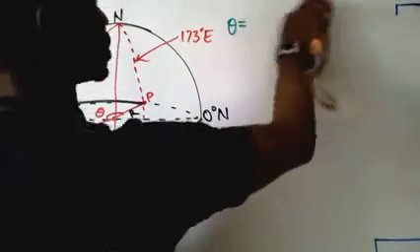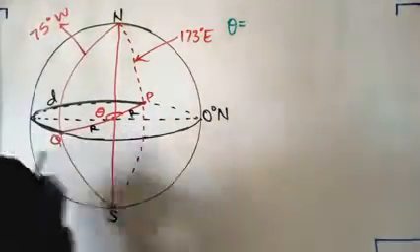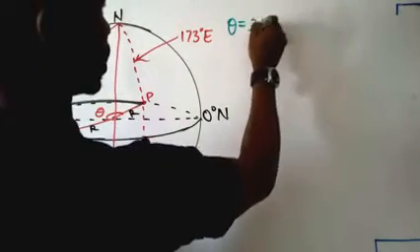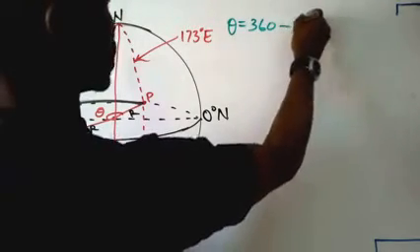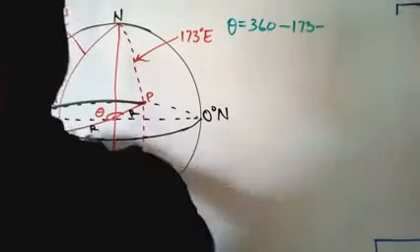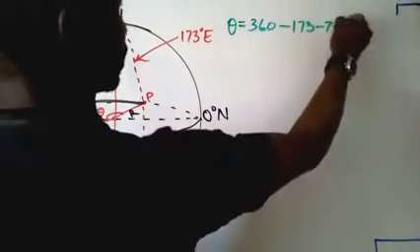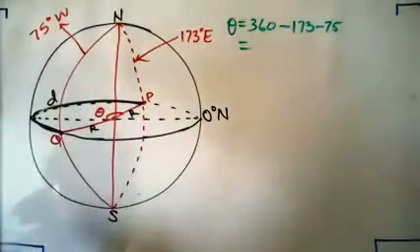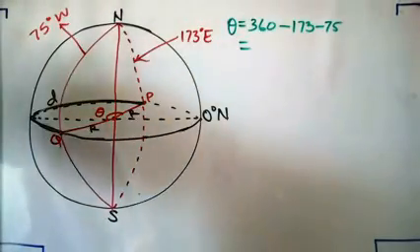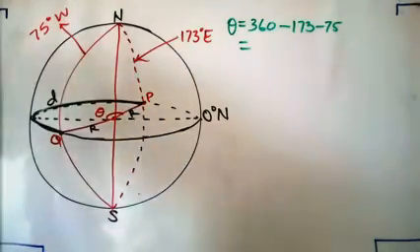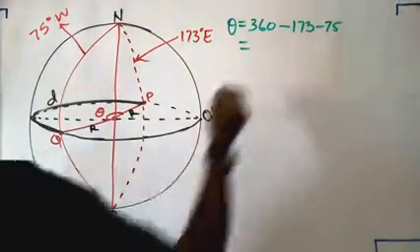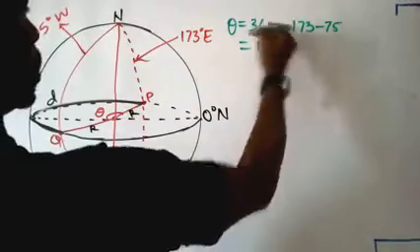I'll just subtract the two values from 360. And that will be 360 minus 173 minus 75. And whatever you have becomes your angular difference. And in this case, our angular difference is 112. So this is 112 degrees.